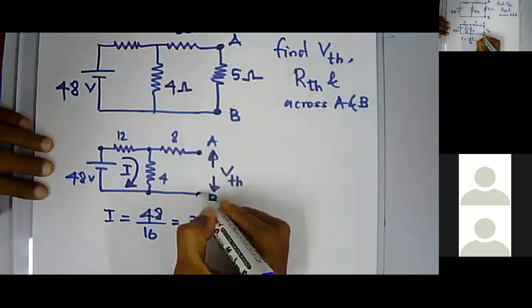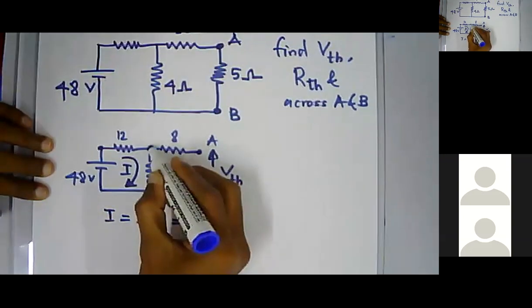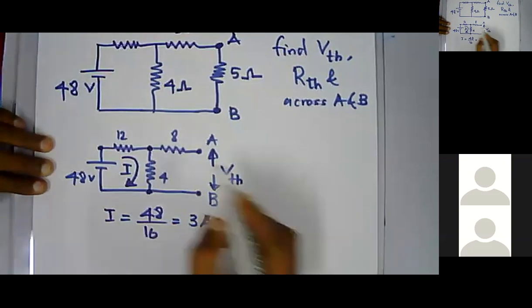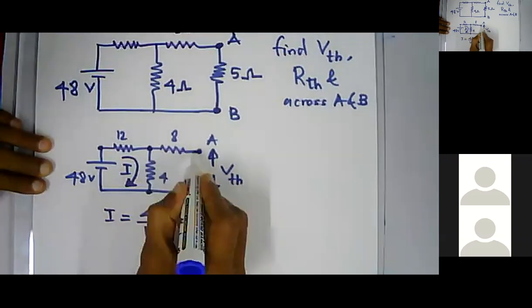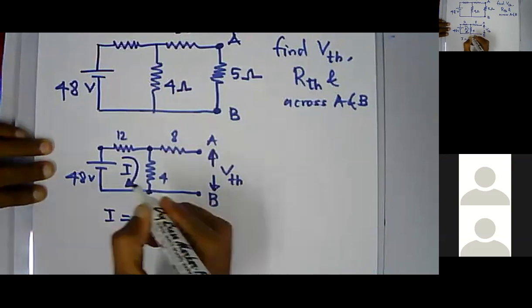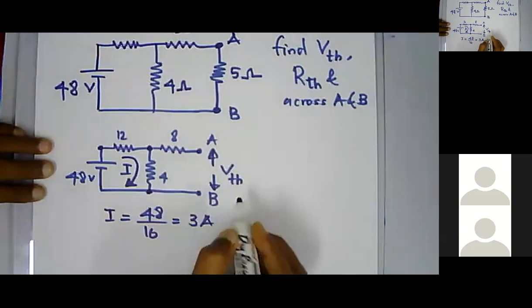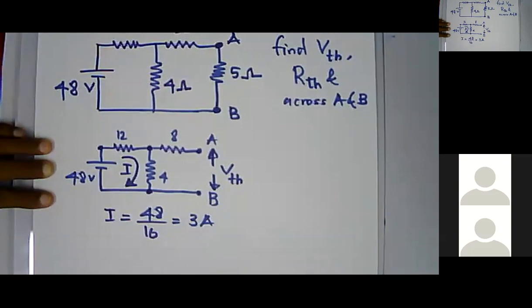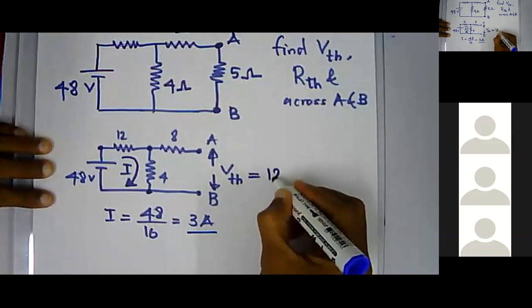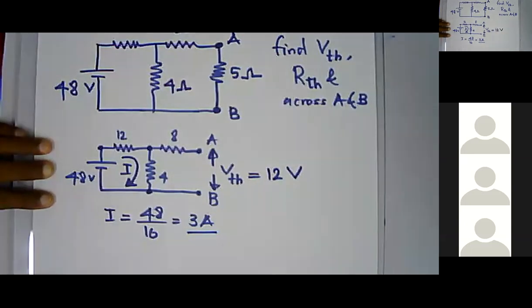Then VAB is equal to the voltage across this 4 ohm resistance, because the current through the 8 ohm resistor is 0, hence IR becomes 0. So I times this 4 ohm resistor will be your VTH. I is 3 amperes, 4 ohm resistance. So altogether, your VTH will be 12 voltage. Am I right?